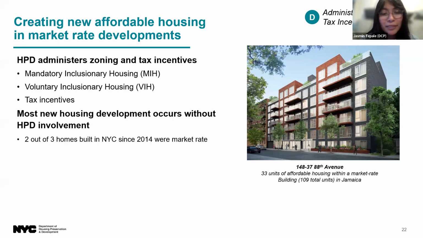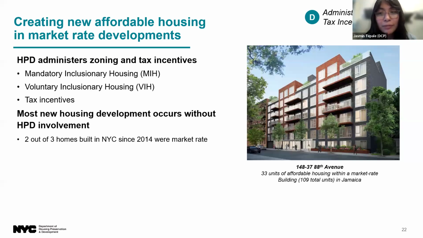However, despite being constructed by the developer, affordable housing units are regulated and marketed by HPD and distributed by the housing lottery to ensure the income eligibility requirements are adhered to. The rent and income levels vary depending on which MIH option is selected. So there's two primary options and a third option that could be mapped alongside the others.